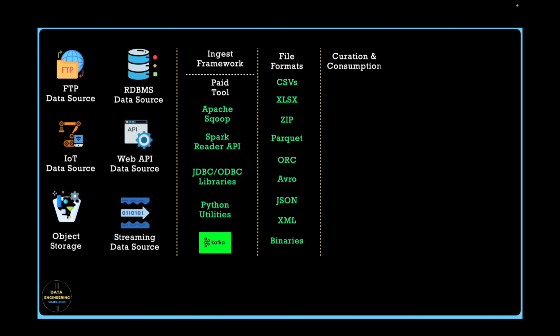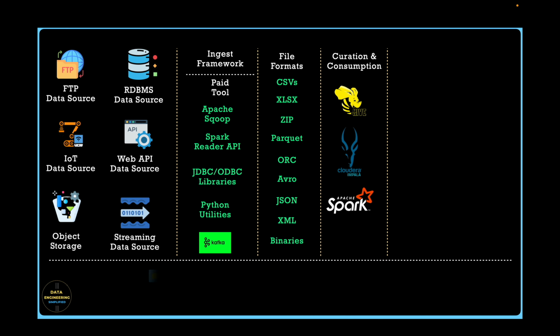The next layer or logical area involves performing transformation, generating curated and consumption datasets. Popular technologies used in this stage are Hive queries, Impala queries, or Spark. Within Spark, you may work with RDDs, data frames, Spark SQL, Spark Streaming, or Spark ML libraries.